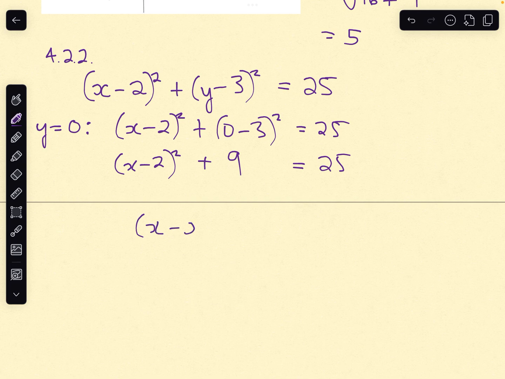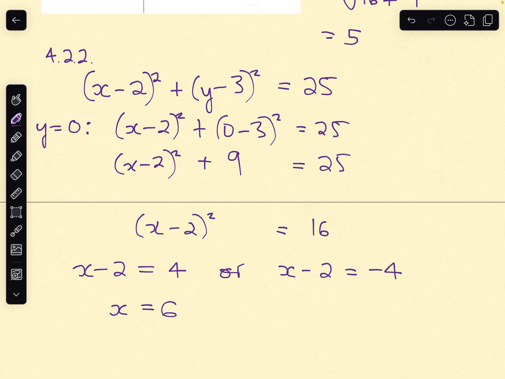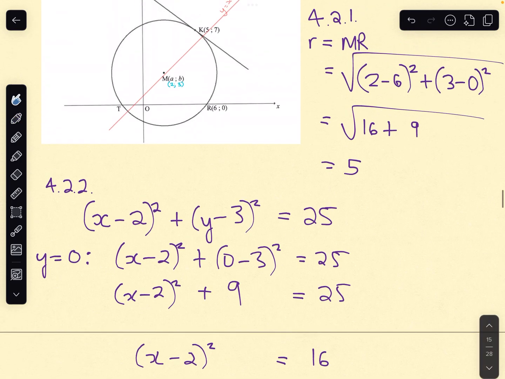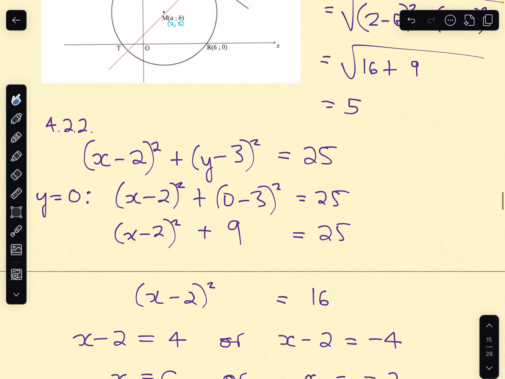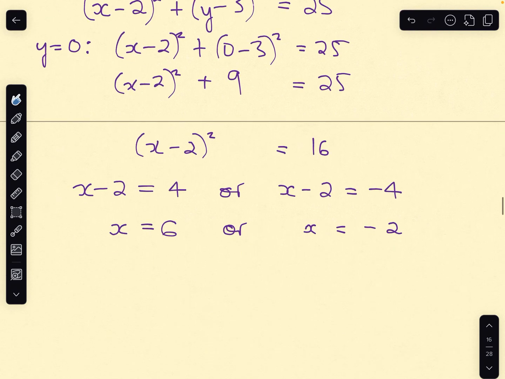So we have x minus 2 squared is equal to 16, which means that x minus 2 is either equal to positive 4 or x minus 2 is equal to negative 4. So then that means that x is either equal to 6 or x is equal to minus 4 plus 2, which is minus 2. Now, we already know that one of the x-intercepts is r with coordinates 6, 0. So that means that the x-coordinate of t is negative 2.